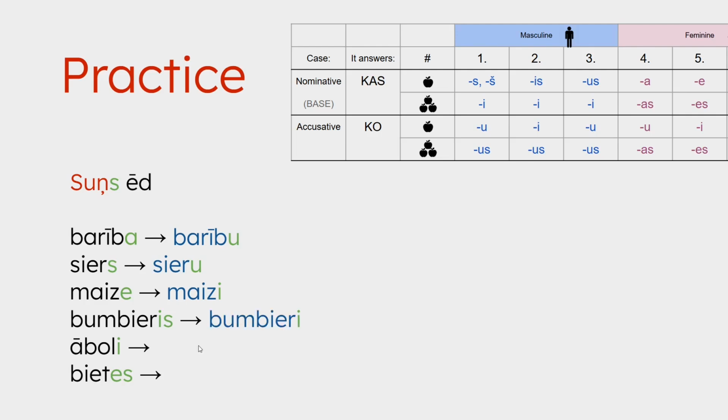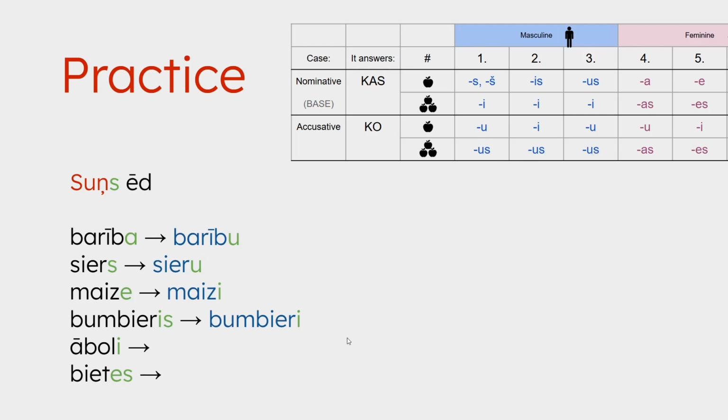Aboli. Wait, there's no I up here, but it's in nominative, so it must be plural. But then, how do we know which declension it is in? Because these are all the same, first, second, and third. We know it's masculine, but we don't know what else. Well, that's okay in this case, because when we go down, it doesn't matter. All of them are US.